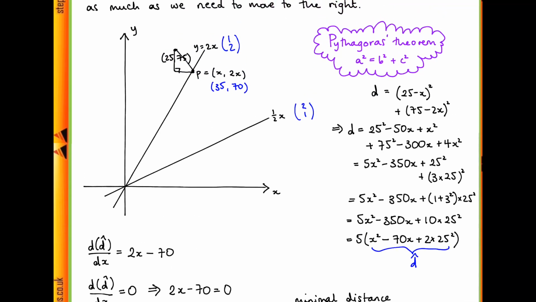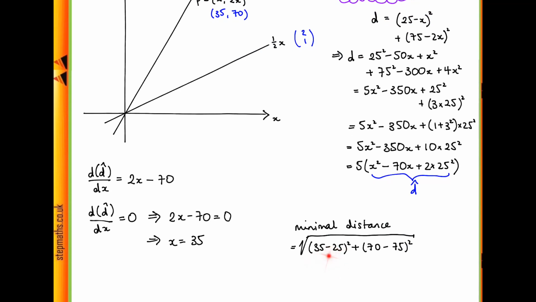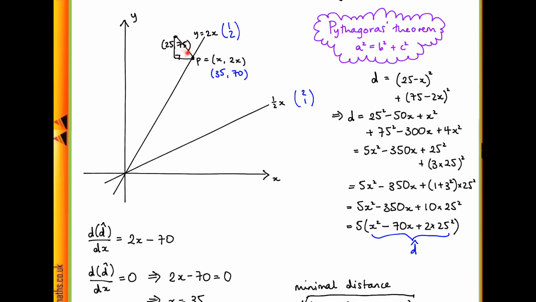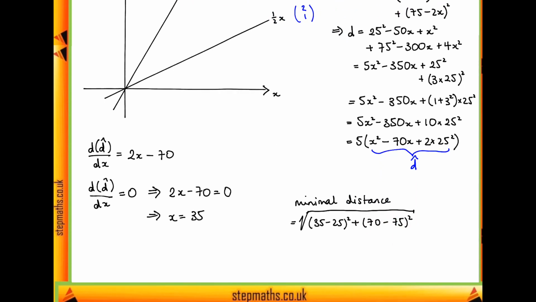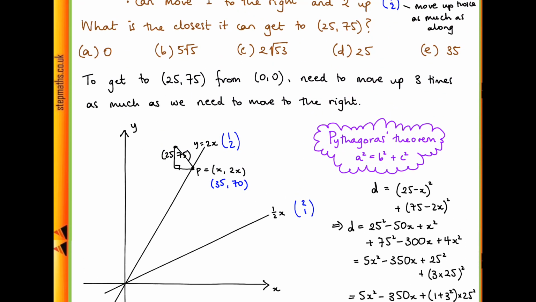So using Pythagoras like before, we do 35 minus 25 for the horizontal difference, and 70 minus 75 for the vertical difference, and now just working this out, we get 10 squared from this and 5 squared from this. 10 squared is 2 squared times 5 squared, and so we can factorize a 5 squared out of the square root. So that's this 5, and 2 squared is 4, so 5 times square root of 4 plus 1, 5 root 5, and that's answer B.